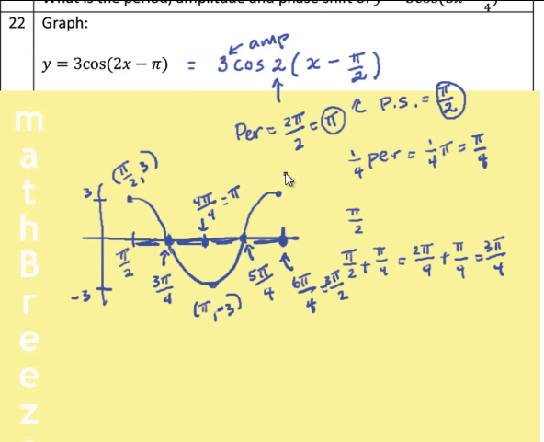And this one right here, 3 pi over 2, comma 3. Here, of course, we have y-intercept 0, y-coordinate 0. All right, so we have our 1, 2, 3, 4, 5 points marked on the graph.